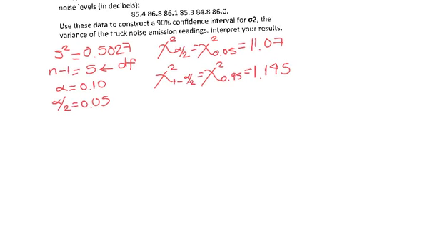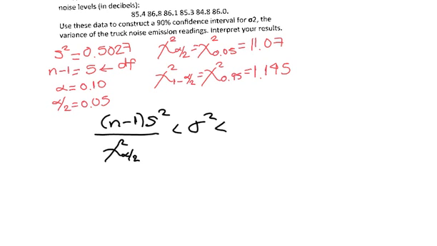So the formula was n minus 1 times s squared, and here we divide by chi squared alpha half. This is the same numerator, but a different denominator. This is 1 minus alpha half.